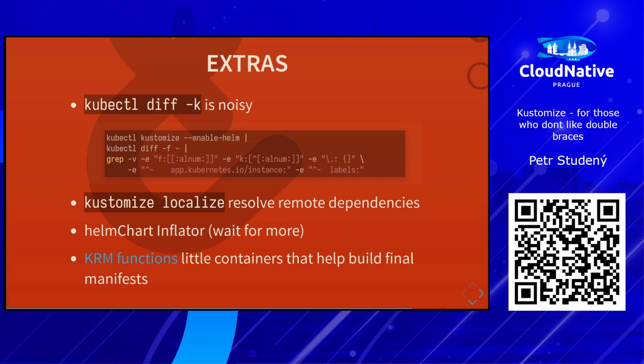It works like little containers where you put some standard input with your manifest and some specification what should happen inside the functions, and on standard output it will build some final manifests that are to be deployed.